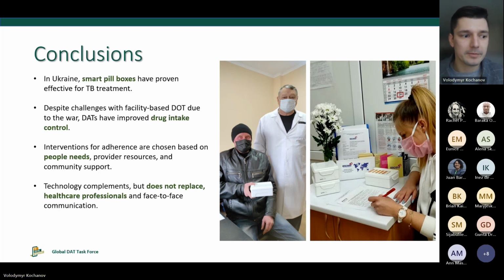So if we have more than 3,000 patients who have used smart pill boxes in Ukraine, with the SureAdhere mobile app the number is a little bit more than 200. So we prioritize smart pill boxes.